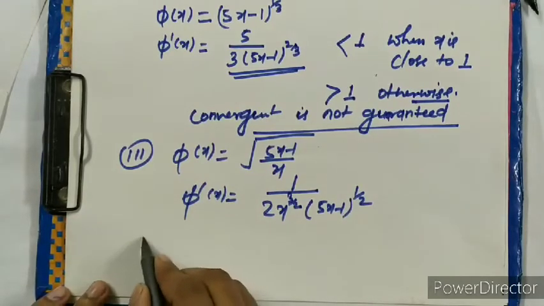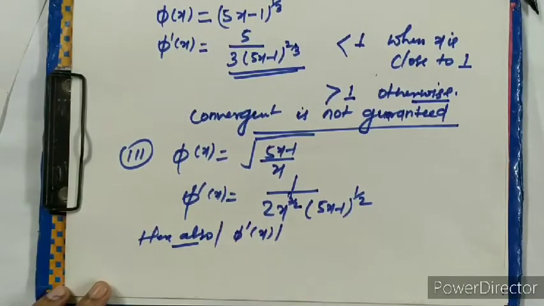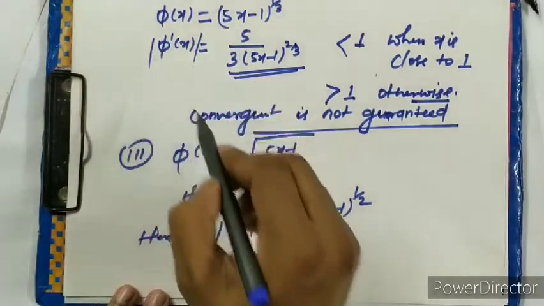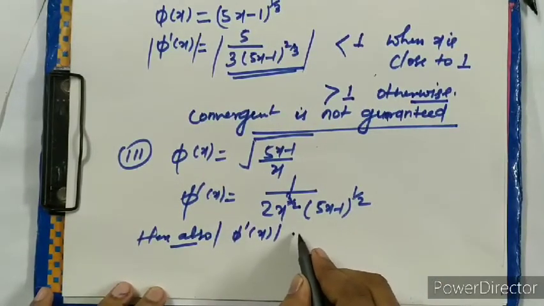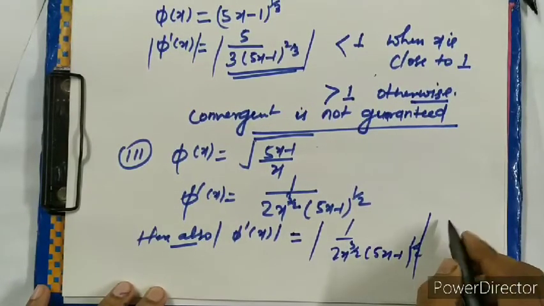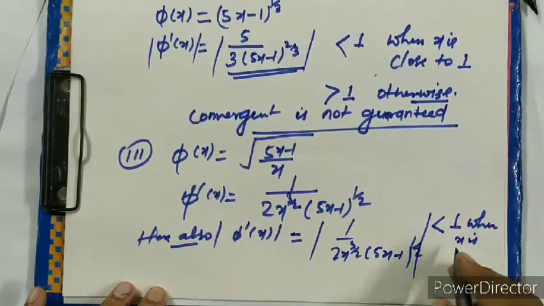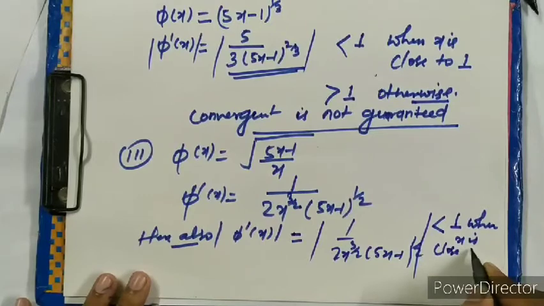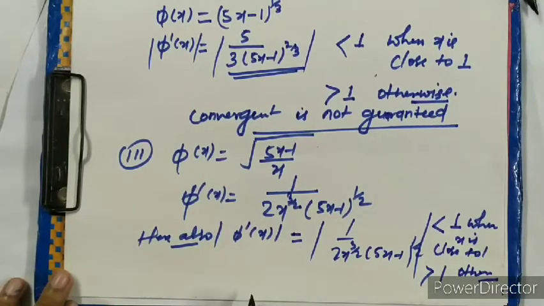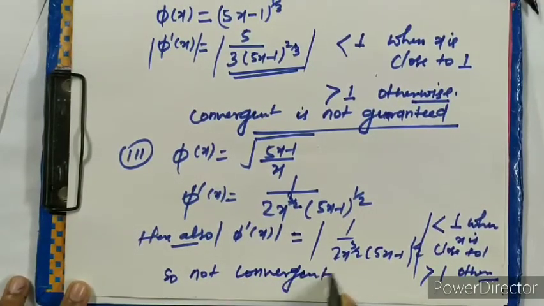Here also the modulus value of phi dash of x, 3 by 2, (5x minus 1) to the 1 upon 2, is less than 1 only when x is close to 1, and greater than 1 otherwise. So not convergent to the root in 0 1.